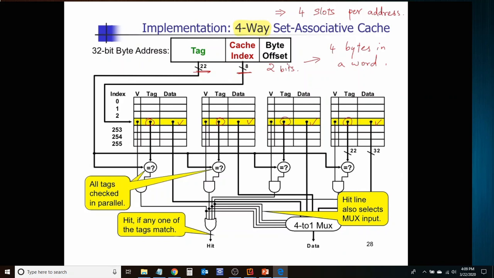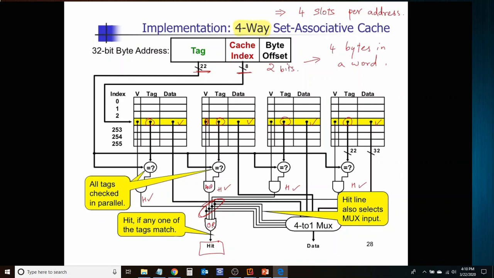So for a hit, one out of these four has to satisfy. And that means that we could get a hit here, here, here, or here. So we are trying to look at the valid bit. So let's see over here, this is AND.